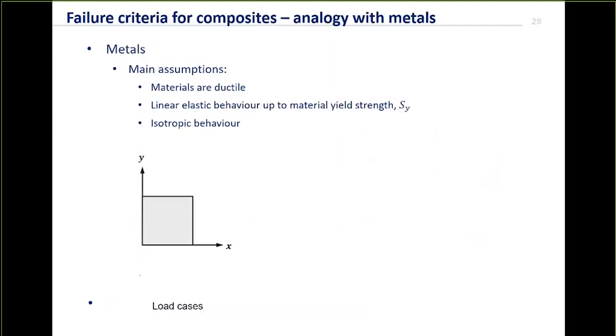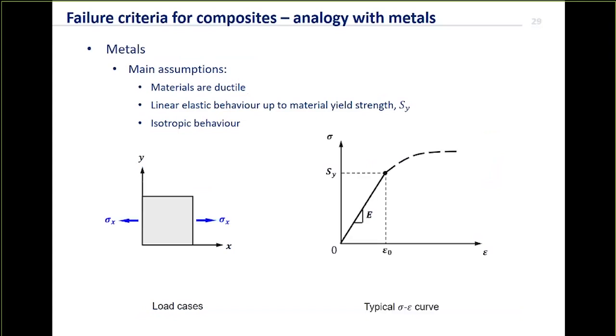So what I'm going to do is to try and explain some of the techniques that are used for composites. I'm going to back up and just talk briefly about metals. Most metals can reasonably be treated as isotropic, and their strength is normally characterized by a uniaxial stress strain curve, just from a normal tensile test, from which we can derive the yield point at which the curve starts to go non-linear, and the UTS, the ultimate strength.